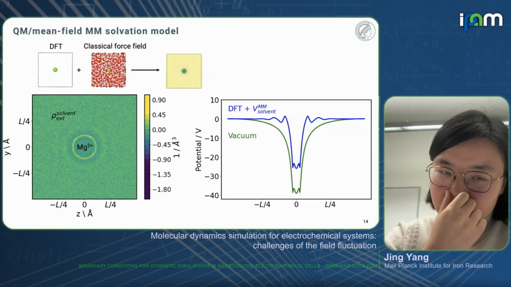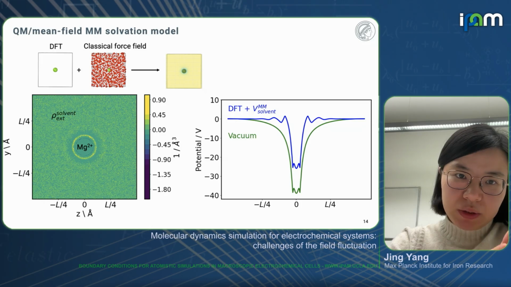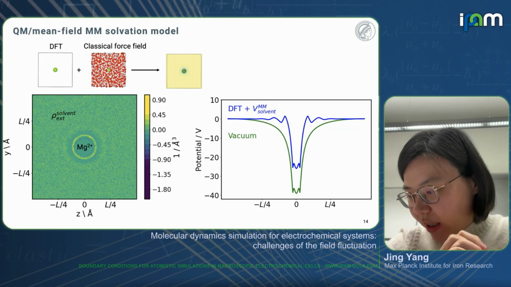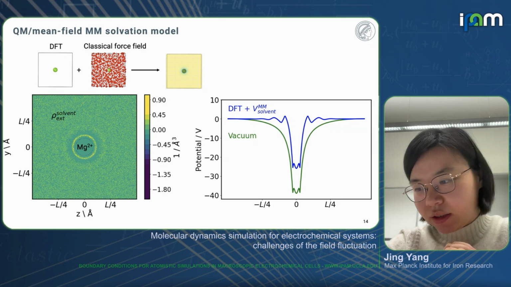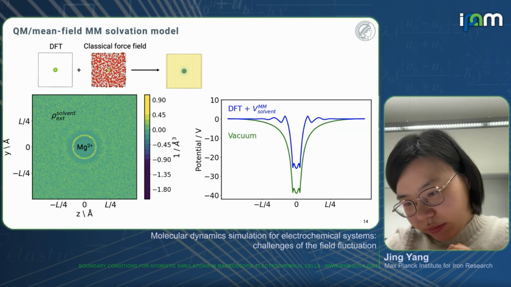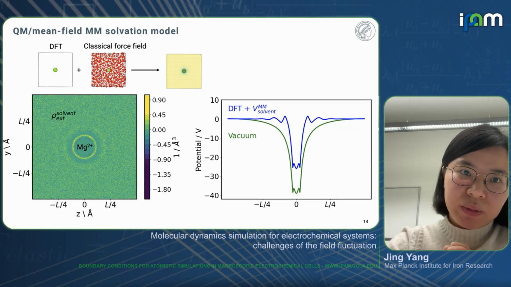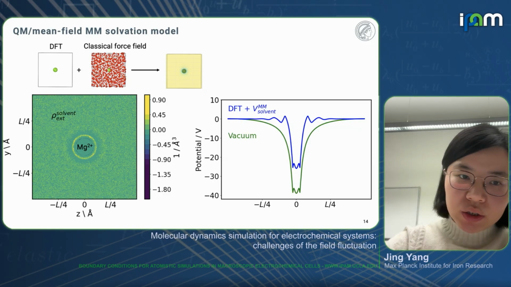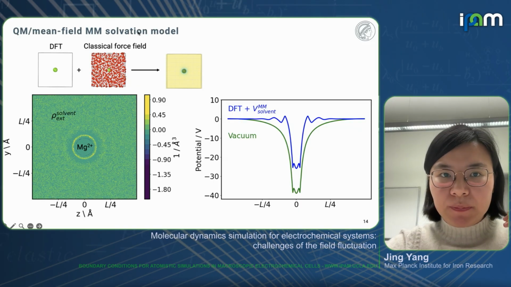So far, I have focused on this double capacitor setup, where you have the working electrode and the counter electrode. But with this VASP-Python plugin, you can really do any kind of external potential that you want. And one of the applications that can be of interest is the implicit solvation model. So here, I just want to show a simple example where we did the QM mean-field solvation model of magnesium 2+ ion.